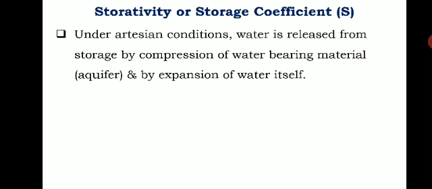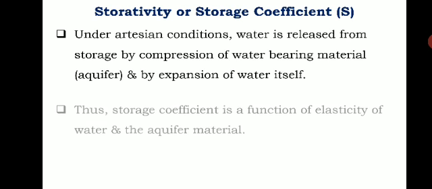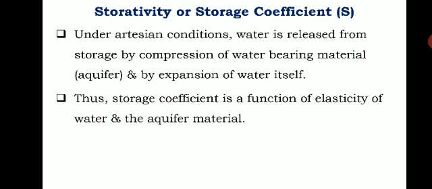So if the condition is artesian, that is, if it is a confined aquifer, then the water is released from storage by compression of the water bearing material, that is the aquifer, and by the expansion of the water itself. The water also gets expanded, and that is the reason it will come out. Thus the storage coefficient is a function of what?